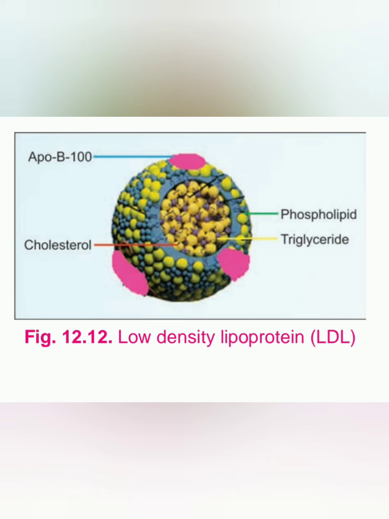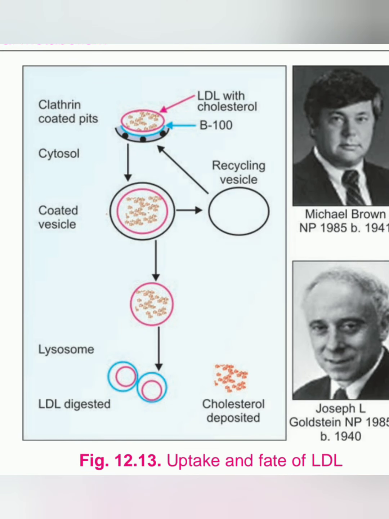They are taken up by peripheral tissue by receptor mediated endocytosis. The main function of low density lipoproteins is supplying cholesterol for steroid hormones and incorporation in muscles. This is how the low density lipoproteins are digested with the use of lysosomes, and the cholesterol is deposited.